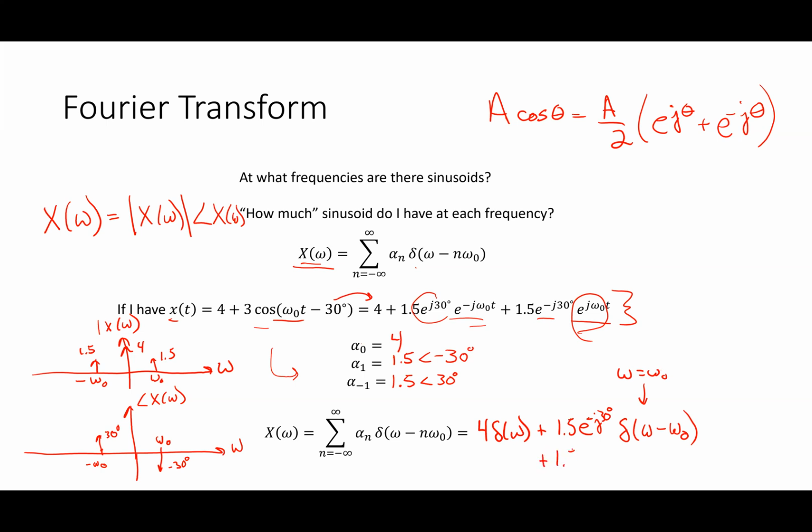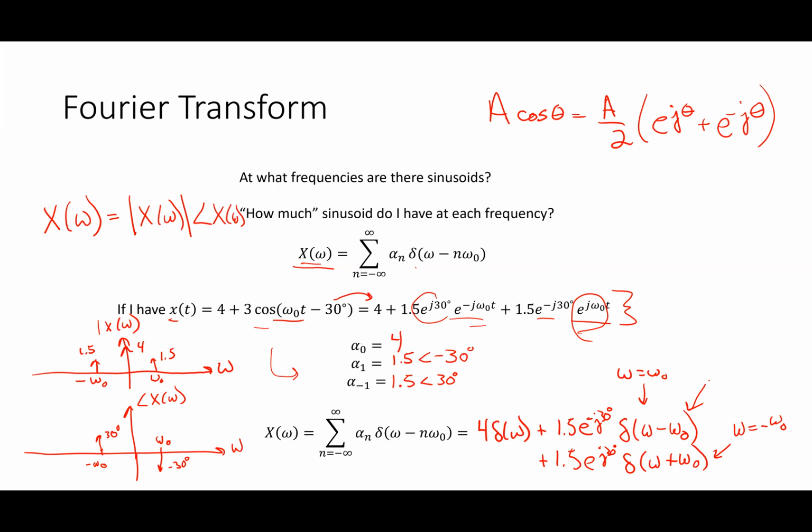Plus 1.5 e to the j 30 degrees at omega plus omega naught. This last one is the term at omega equal to negative omega naught. It matters to be able to do the shifts that you need to do to locate these impulses properly. You guys follow how to locate those impulses properly?